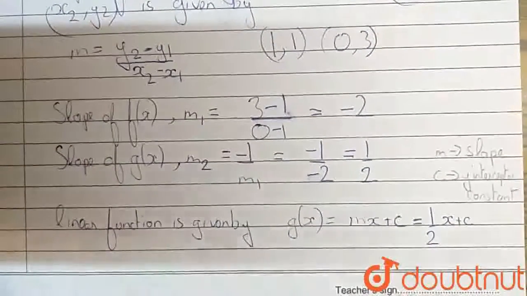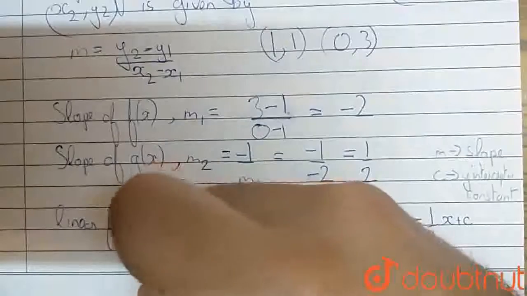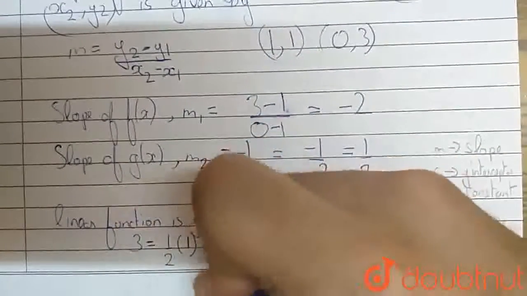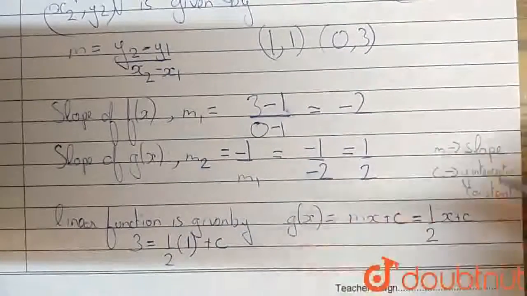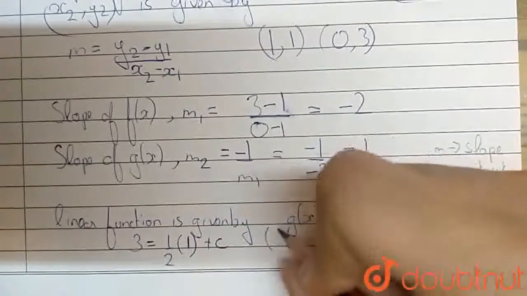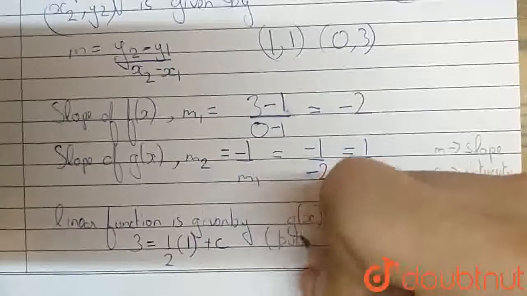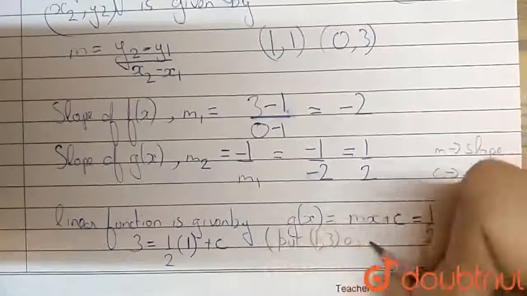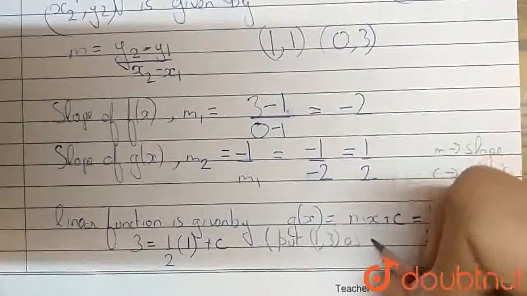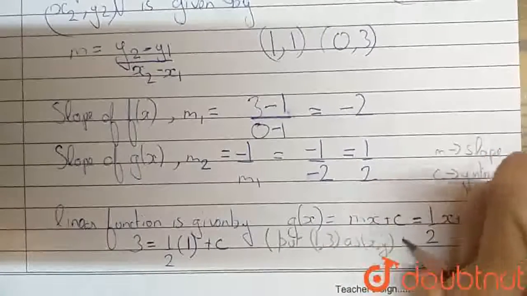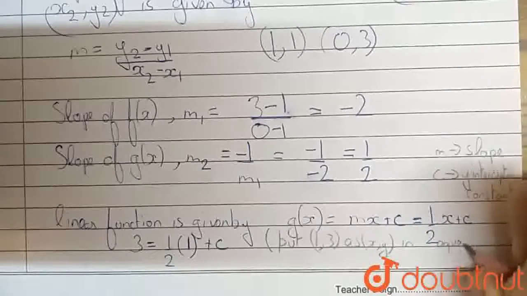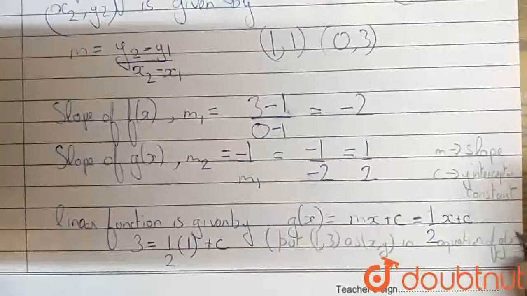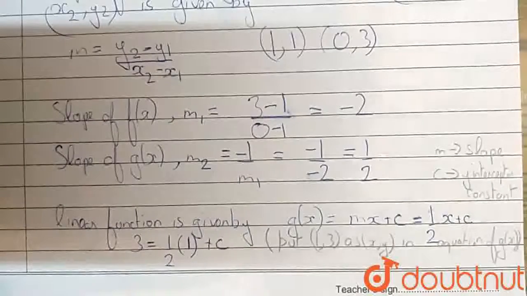So what I mean is, 3 is equal to half into 1 plus c. So what I've done here is put (1, 3) as (x, y) in the equation of g(x).